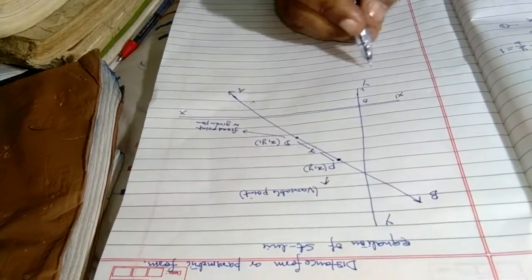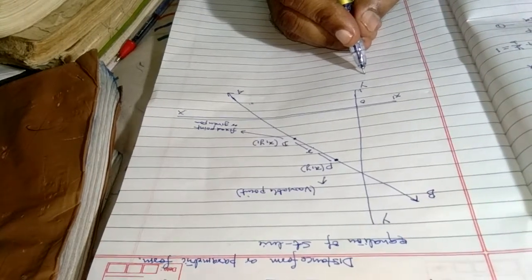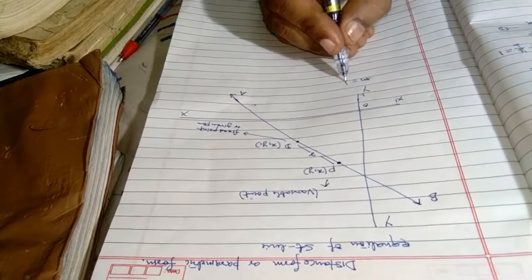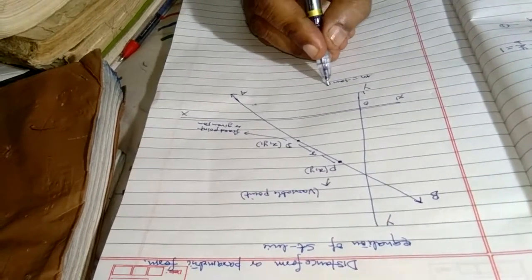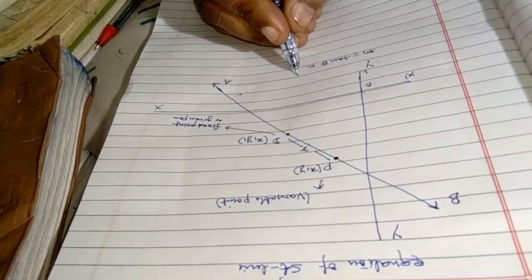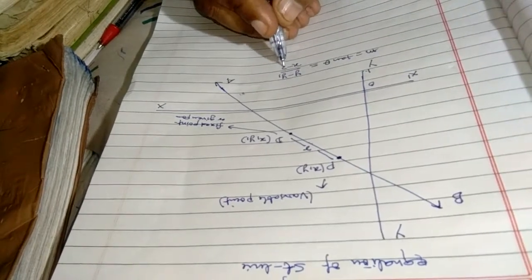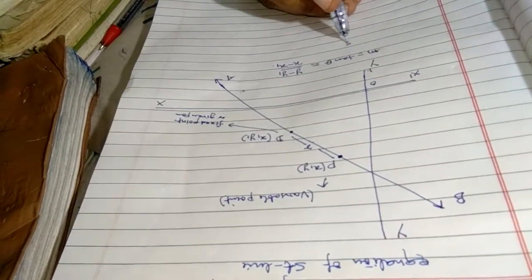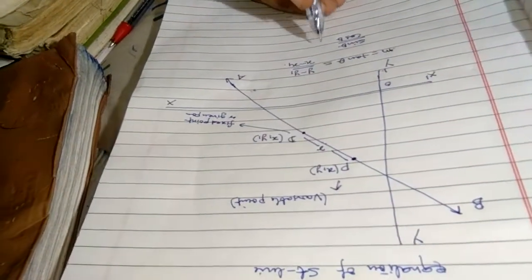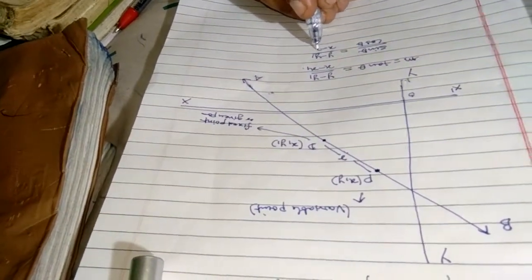Now from the one point form we know that slope is equal to tan theta, and this is equal to y minus y1 divided by x minus x1. So tan theta can be written as sin theta divided by cos theta, that is y minus y1 by x minus x1.